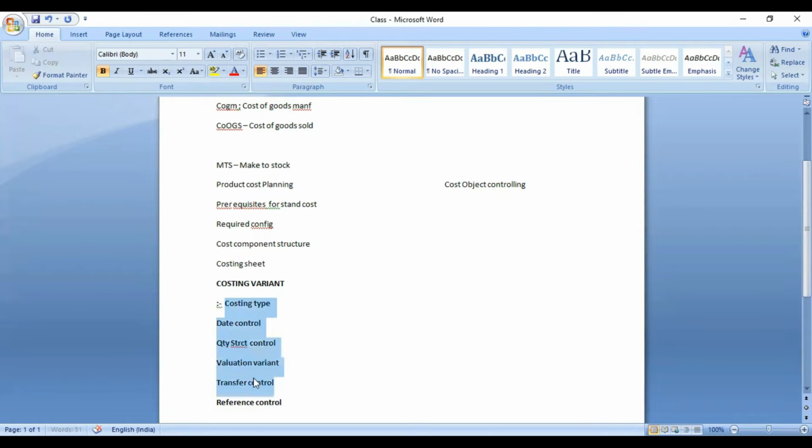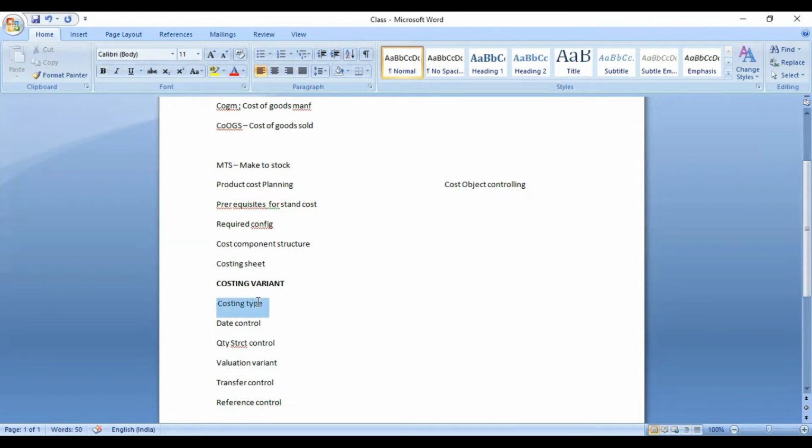And how about version? Will version come in the cost sheet or is it different? That is different. Version will come under the general controlling configuration. This costing type means plan, standard, actual.